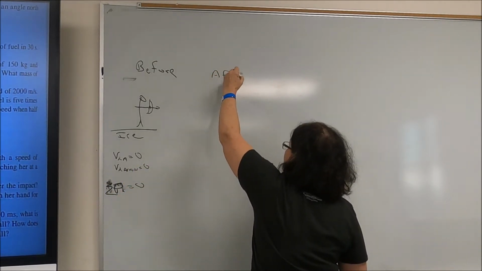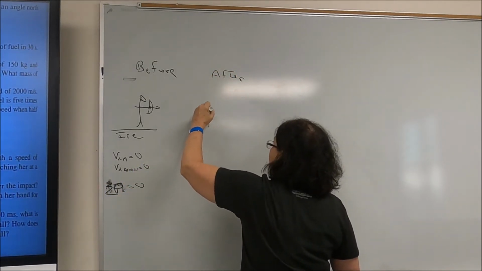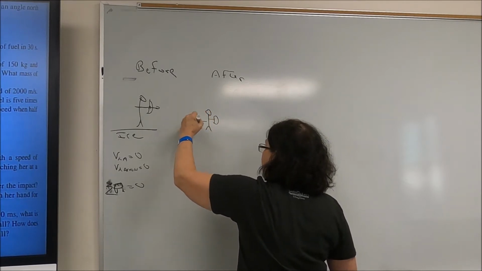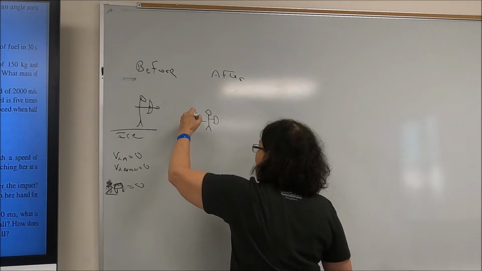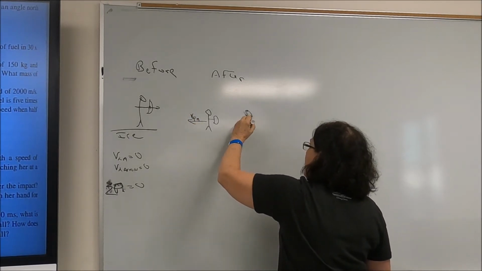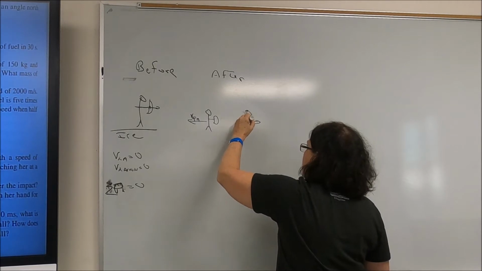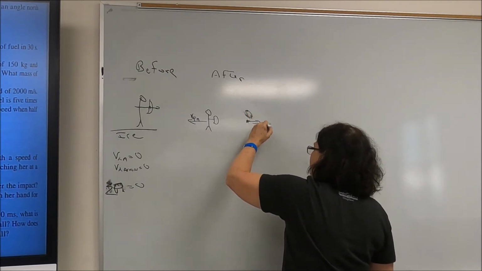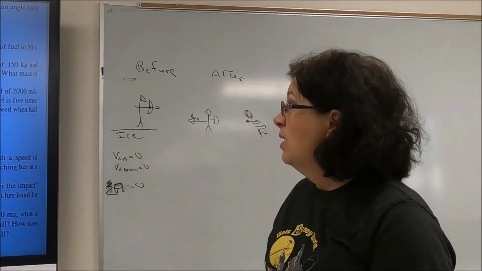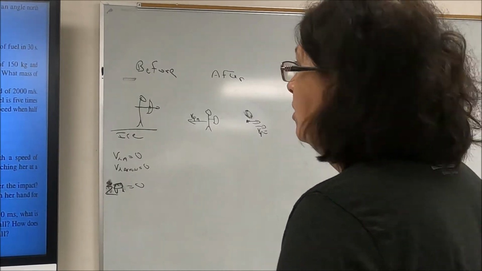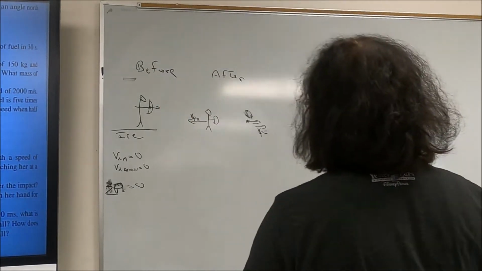After, the person with the bow should be going in this direction, V final archer, and the arrow is going in this direction, and its V final is given to us as 100 meters per second.